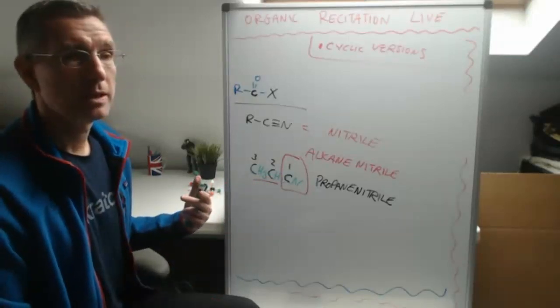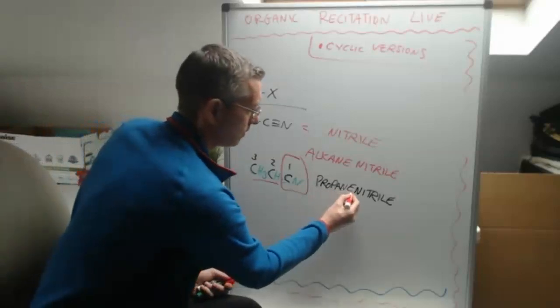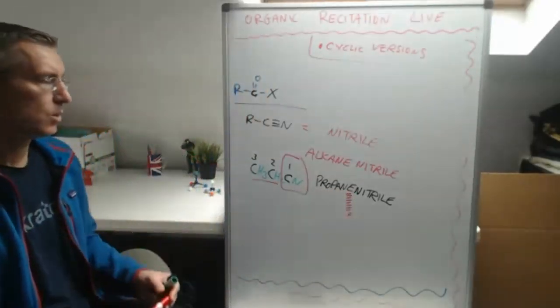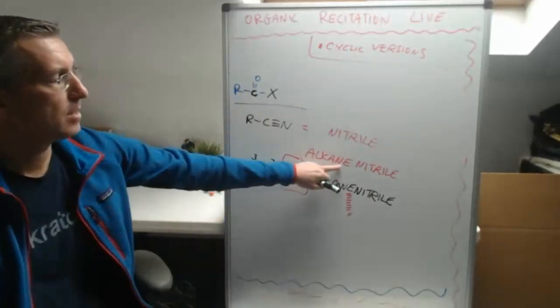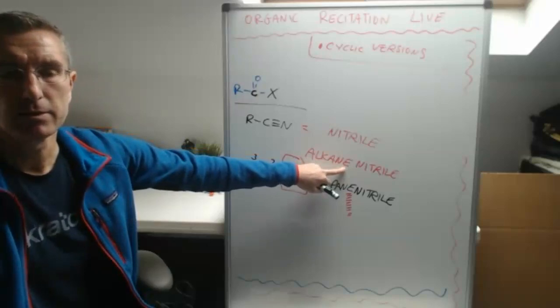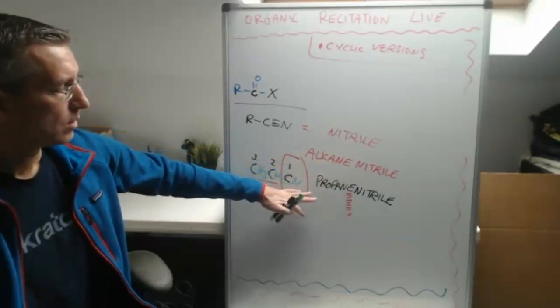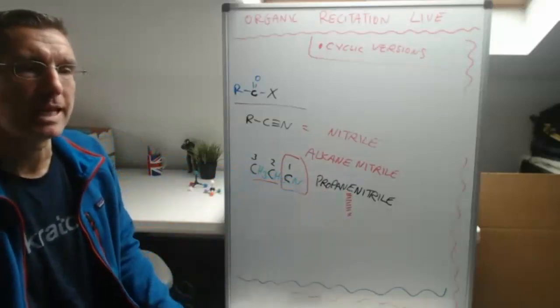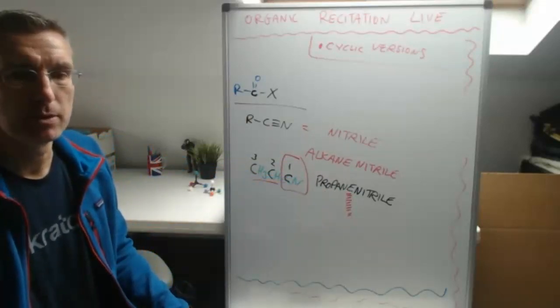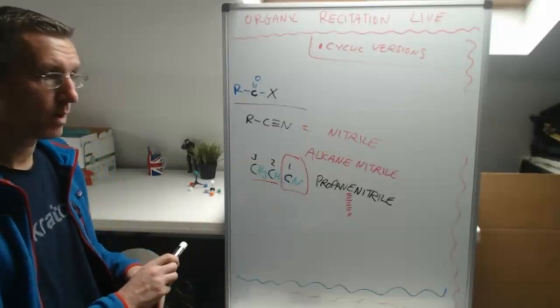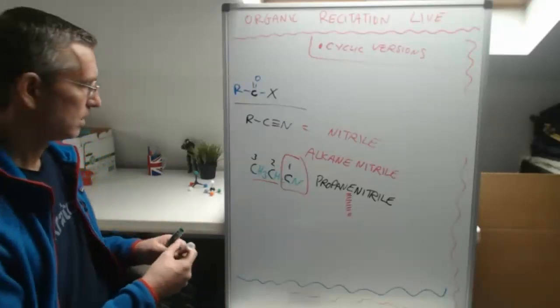The other important aspect is notice that in this name, we've kept that E. So this is propane nitrile, and that E has been kept in the name. Notice that that's different when we talked about amides.